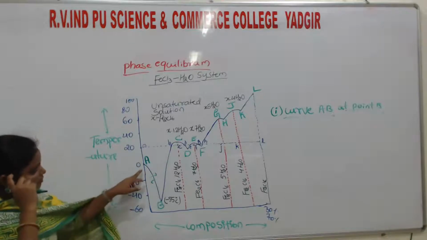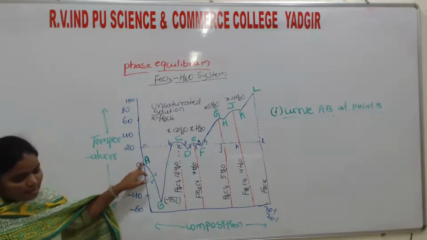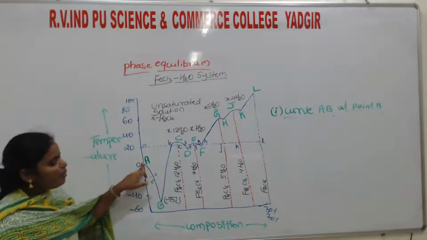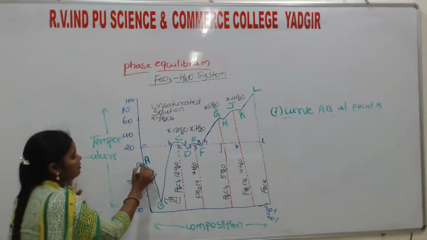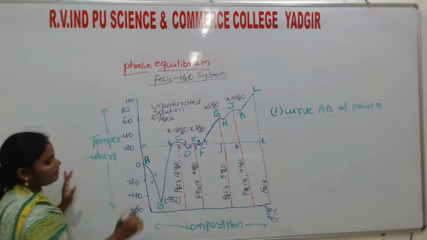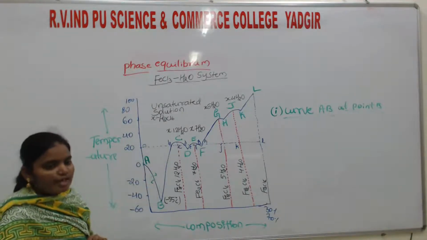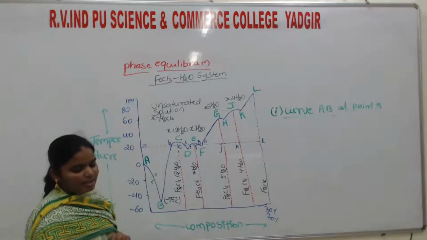Here I consider this point A. The point A represents the freezing point of water, and this curve AB represents the freezing curve of water.